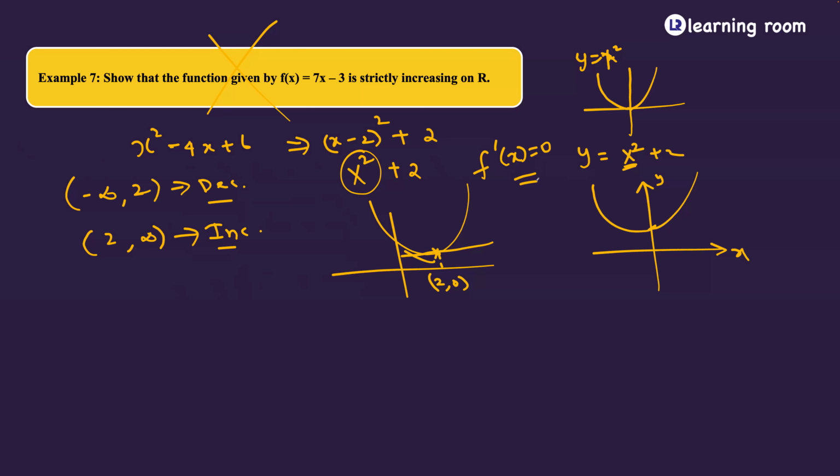That is why I shifted 2 units to the right. Understood? Had it been x plus 2 the whole square, I would have shifted it to the left. X plus 2, when will this give me a 0? What value of x am I supposed to substitute for me to get a 0? So, a 2 unit left shift.